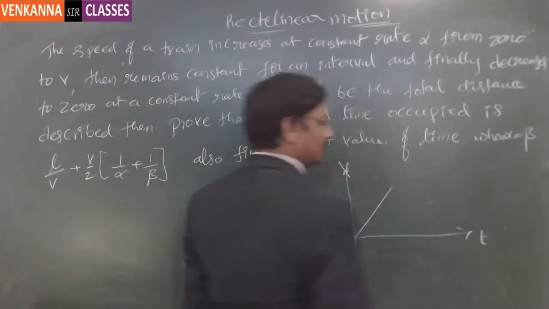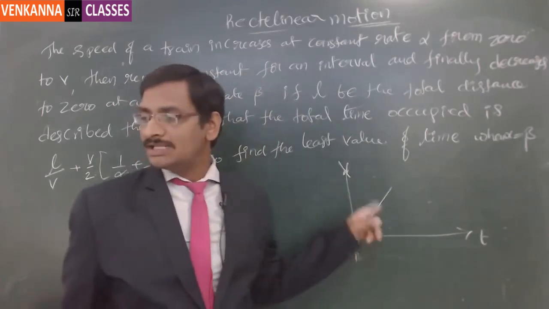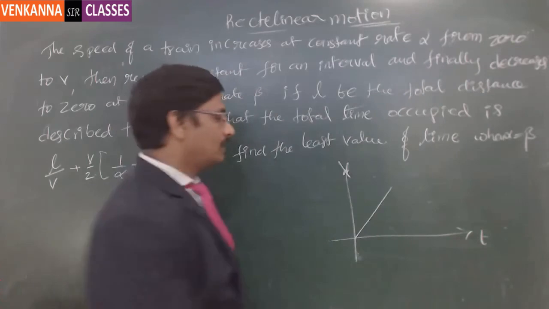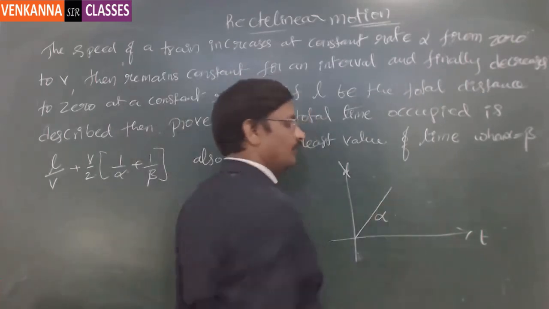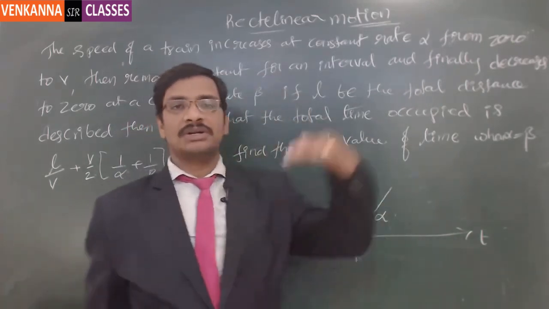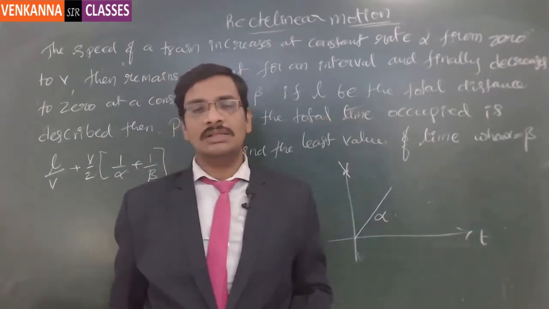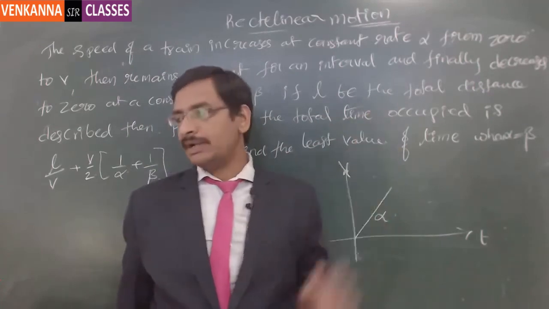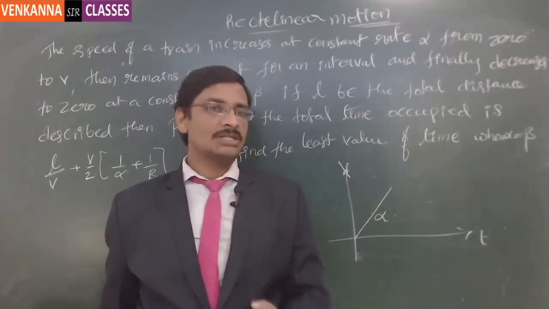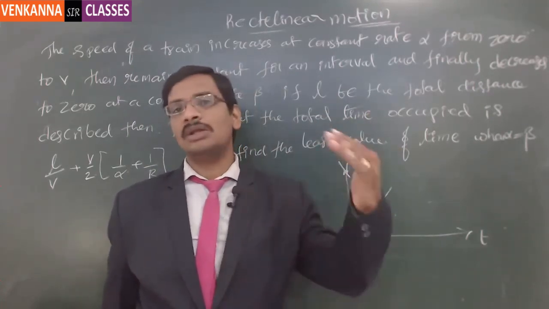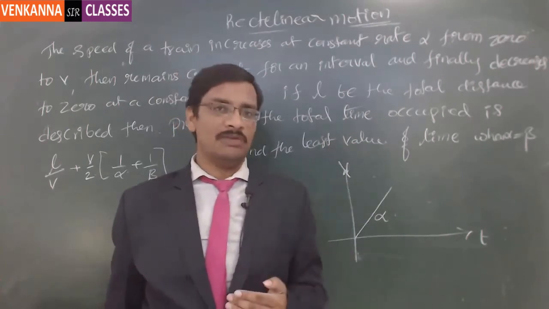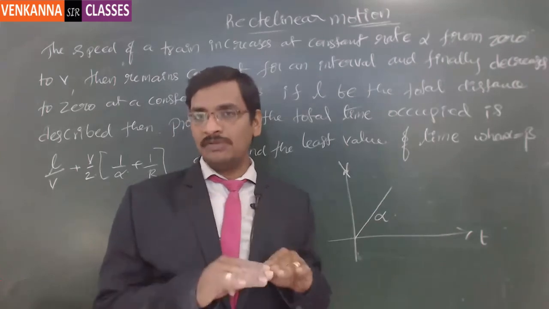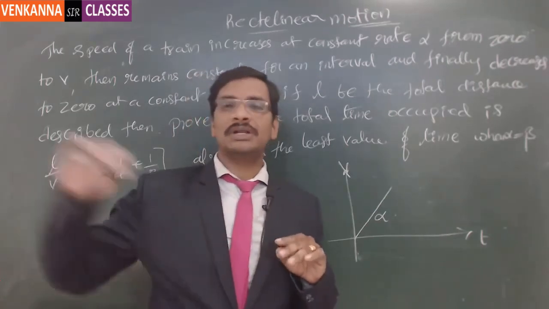So in the velocity time graph, dv by dt is maintained constant. That means it is maintaining a constant acceleration, and that acceleration is nothing but alpha. And then once it reaches a certain level of velocity, it tries to maintain that velocity, but it won't continue to infinite, right? So it starts from 0 and rises to maybe 100 or 150 kilometers per hour, and then tries to maintain 150 kilometers per hour till the point it reaches Bangalore.